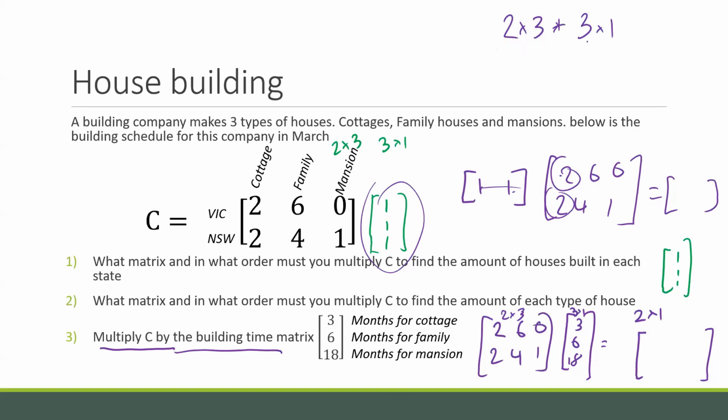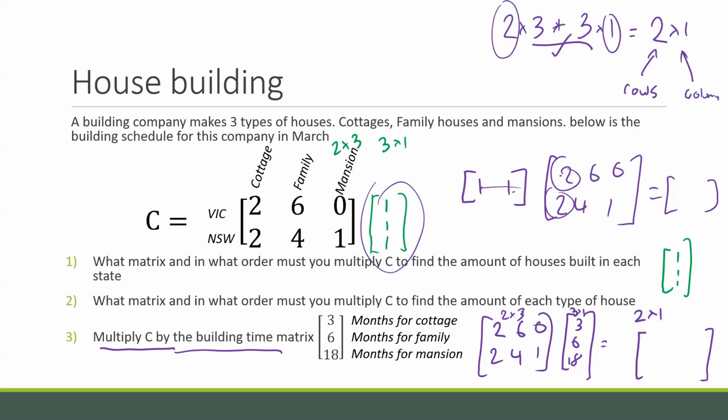If I go a 2 by 3 multiplied by 3 by 1, these two numbers are the same, so they're multipliable. Then the final answer will be a 2 by 1, which I got by taking the outer numbers: 2 rows and 1 column.